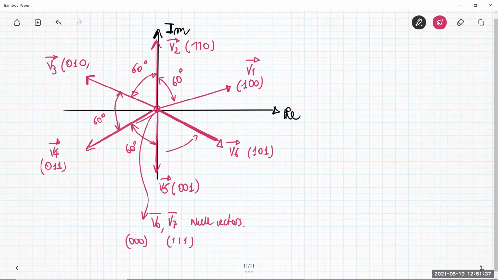Again, you have 60 degrees from the previous one and another 60 degrees from here. So the representation of the active space vectors is fixed in space. They are separated by 60 degrees each from the successive. They have the same amplitude, so they have the same length. And then you have two null vectors that are at the origin of this complex plane.